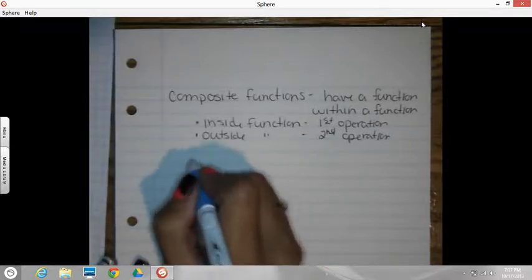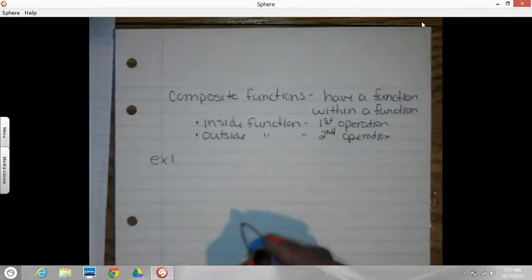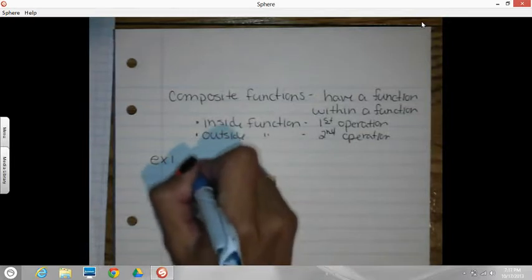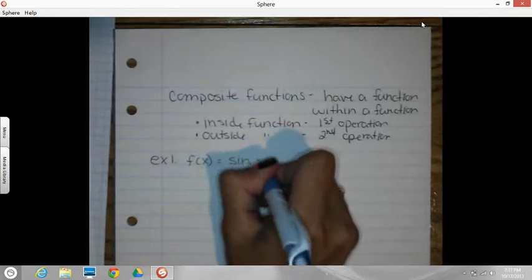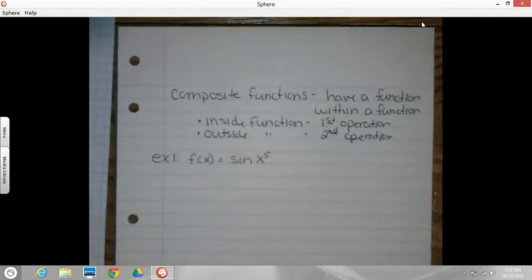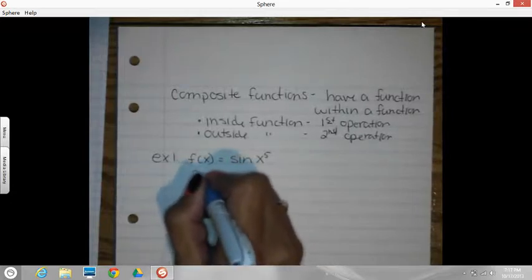So let's go with the first example here. If I give you a function sine of x to the 5th, you have to be able to see this as 2 functions. The outside function and the inside, out and in.